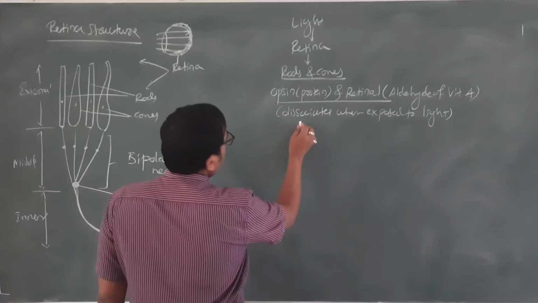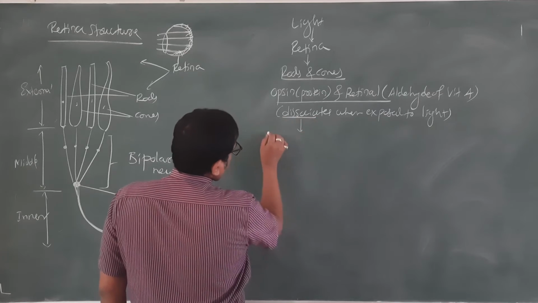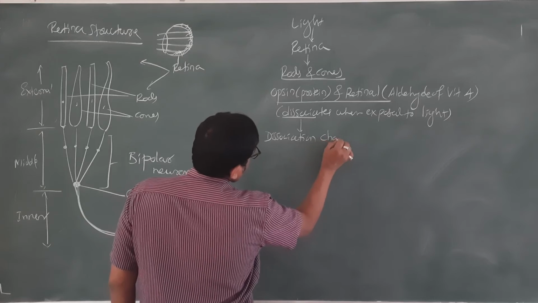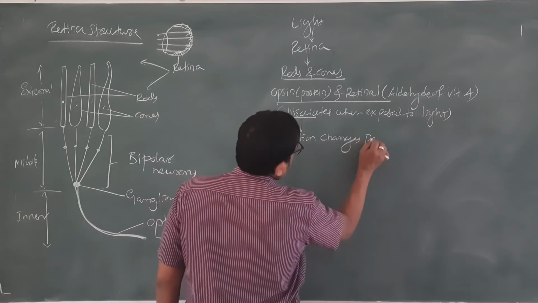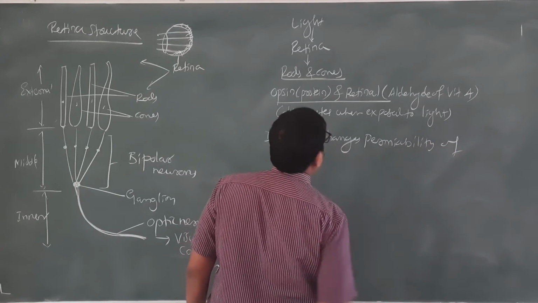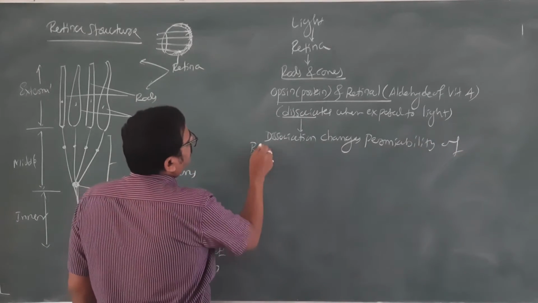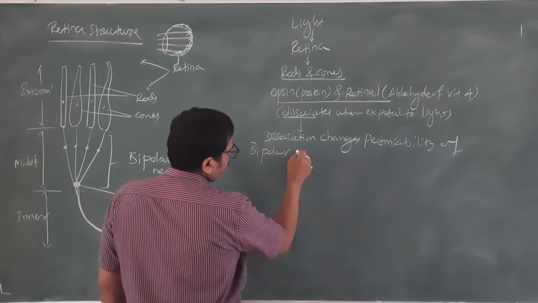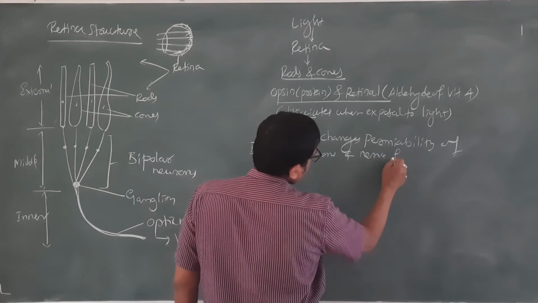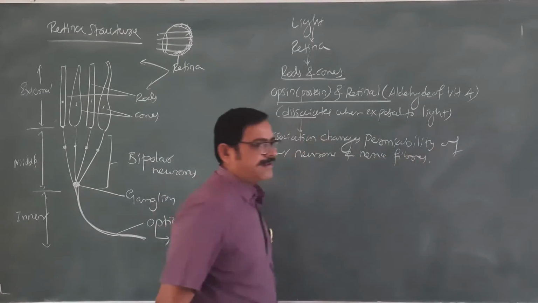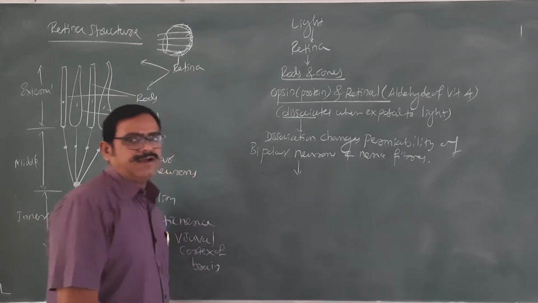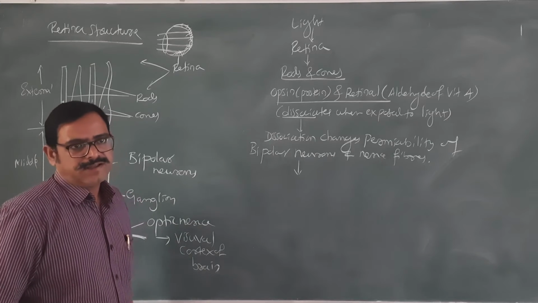Further, what will happen? This dissociation changes the permeability of bipolar neurons and nerve fibers. There the light signal is getting converted into a chemical signal.